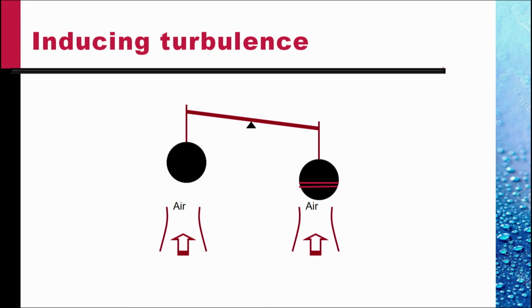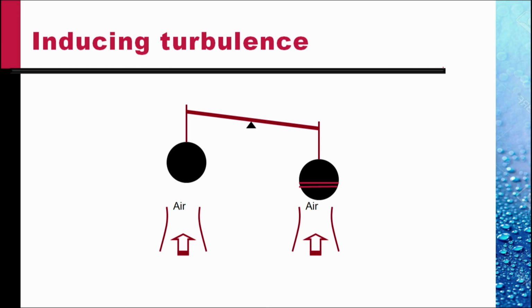Now, in this picture, we have two identical spheres, except that on the sphere on the right, we have wrapped a wire before the equator. This wire we'll call the tripping wire.